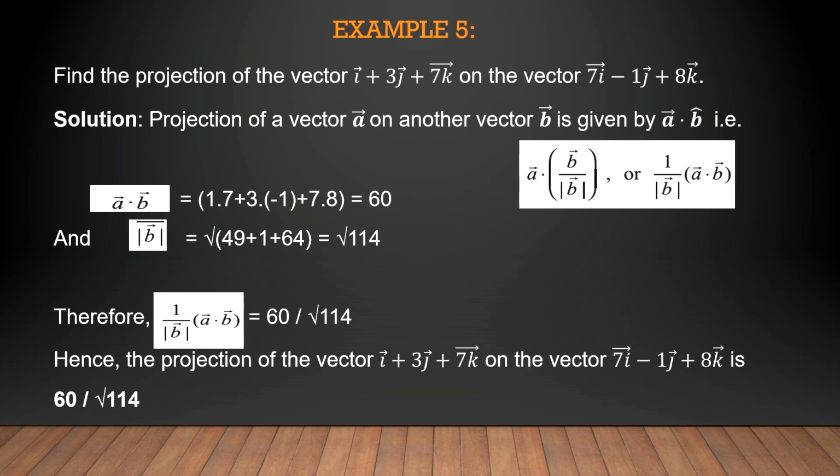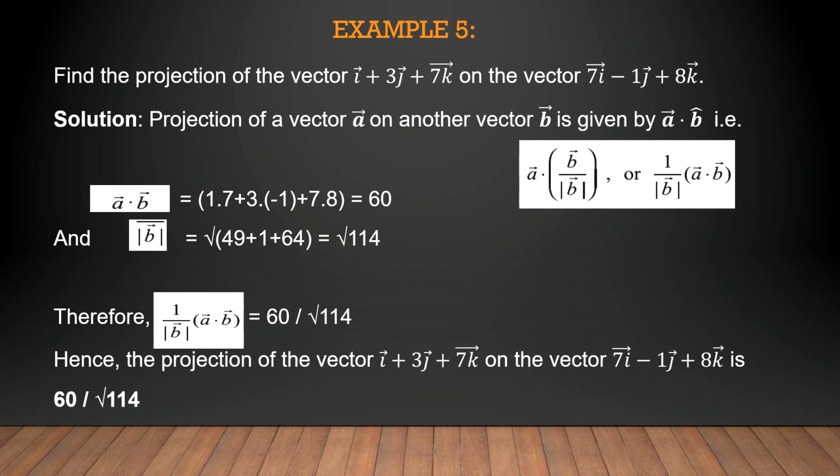So we have seen the formula of projection of vector A on another vector B is given by A dot B cap, which can also be written as vector A dot vector B upon magnitude of vector B. So first find vector A dot vector B. You know how you find the dot product? Dot product is found by multiplying each of the components and then adding them. Means 1 into 7 plus 3 into minus 1 plus 7 into 8, which is equal to 60.